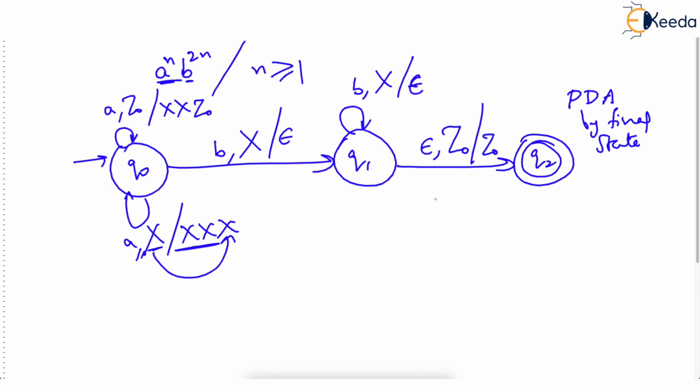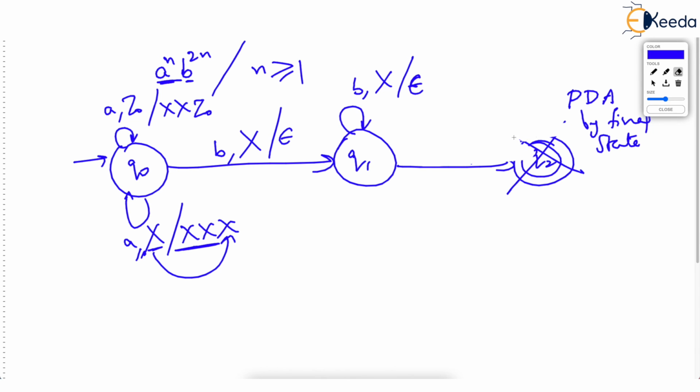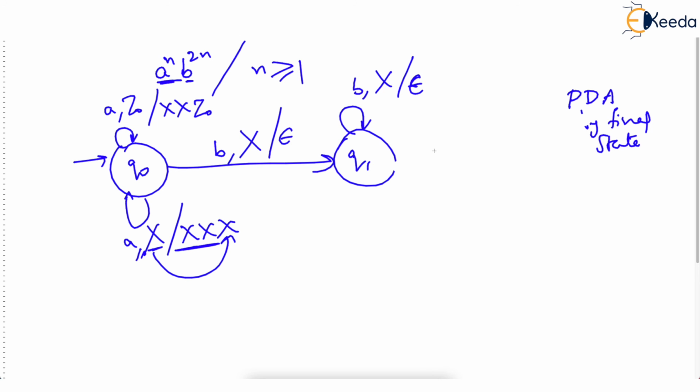correct? Now, what if you want to construct a PDA by empty store? What you have to do is simply say that if the end of the string is reached, if epsilon is reached, then there is no final state, isn't it? If epsilon is reached and the top is Z0, then remove that Z0 also so that the stack becomes empty. If the input is over, the stack becomes empty only if the top is Z0, and you can loop here.